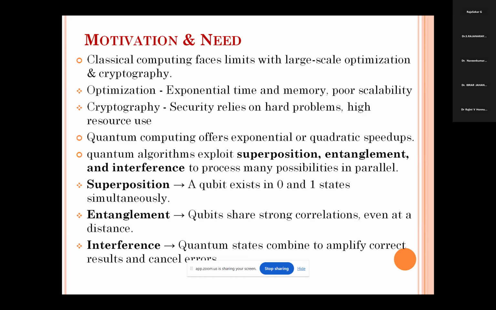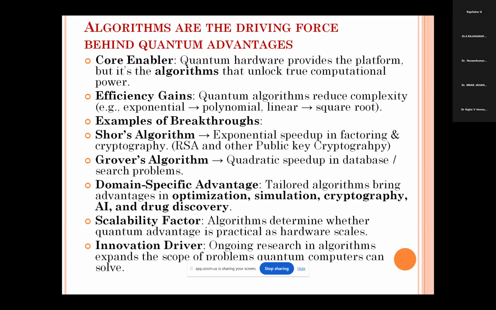So all combinations of problems and solutions are generated by quantum operations. These are the three factors performed by quantum computing. Then what are the advantages of quantum state algorithms? Look at the core enablers: the quantum hardware provides the platform, but it is the algorithm that unlocks true computational power.